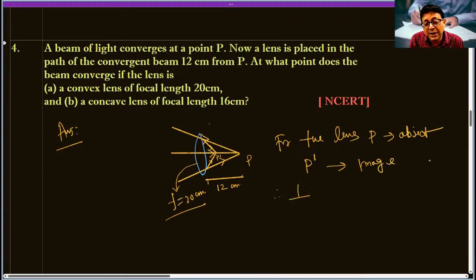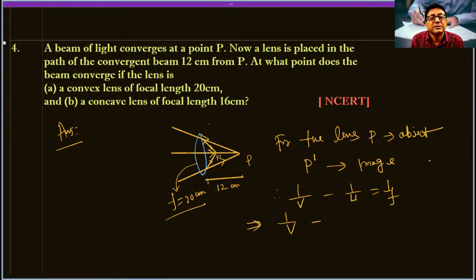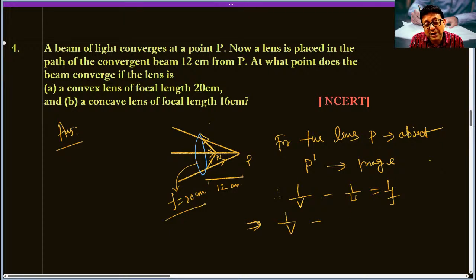So therefore, by using this lens formula 1 by V, V is what? Just to find that V only. This U is positive because the object is on the other side. So this U is 12 centimeter and the focal length of a convex lens is always positive. It will never be negative, or will it be negative?